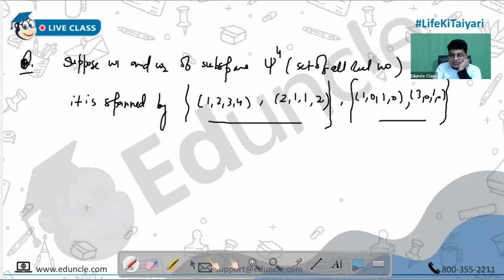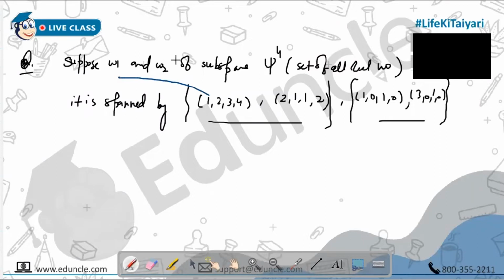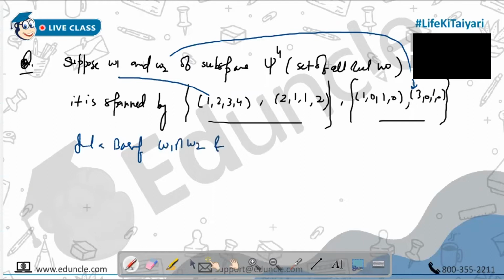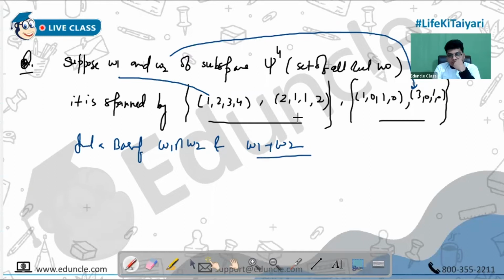This is this set. Different set. Yeah. First two vectors are spanned by W1, and the second two by W2. Find the basis of W1 intersection W2. Also find the basis of W1 plus W2 containing 1010 and 3010.